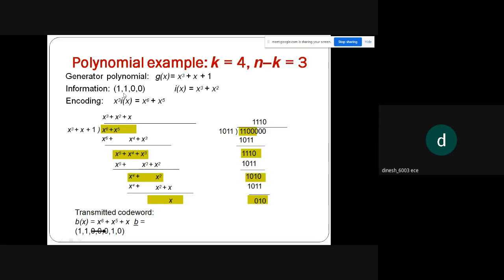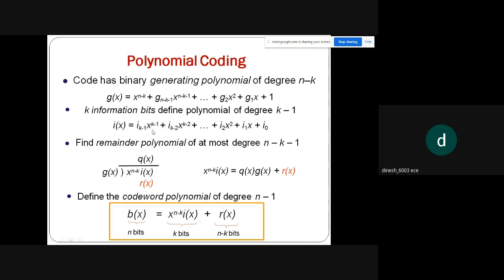Let us assume there are 4 information bits. The given information is 1 1 0 0. So substitute that 1 1 0 0 in this I of x information. I of x is I0 plus I1 x power 1, plus I2 x power 2, plus I3 x power 3, till I(k minus 2) x power k minus 2 plus I(k minus 1) x power k minus 1.